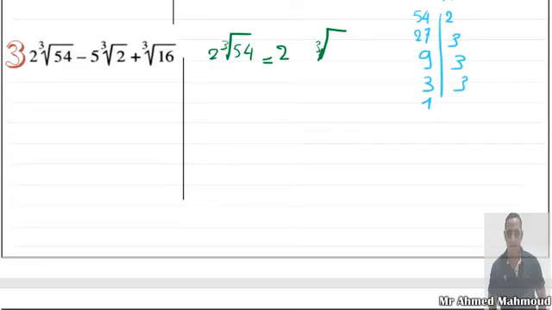And then I collect 3 like factors to be 3 out, and 2 will be inside the cubic root.